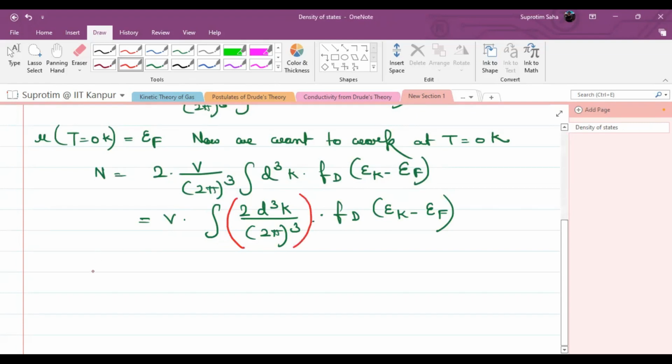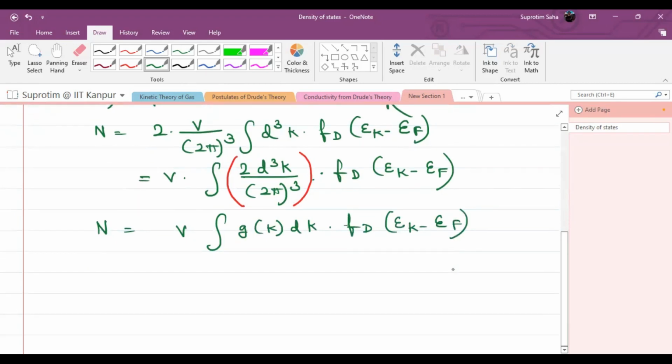Now we want to denote it by g_k dk. So N is V times the integral of g_k dk times the Fermi Dirac distribution.